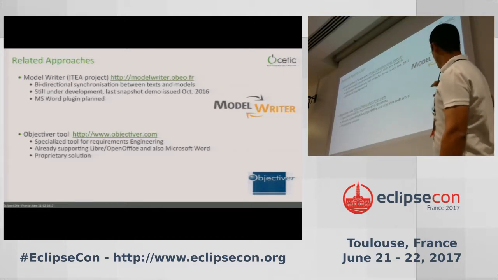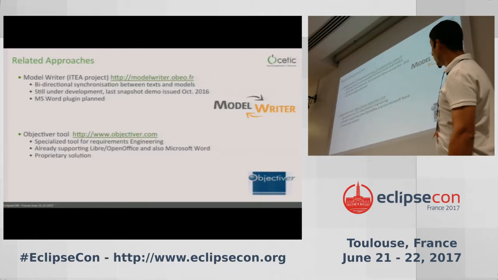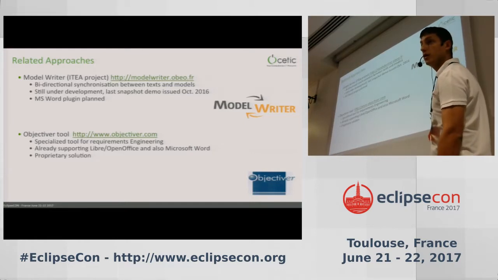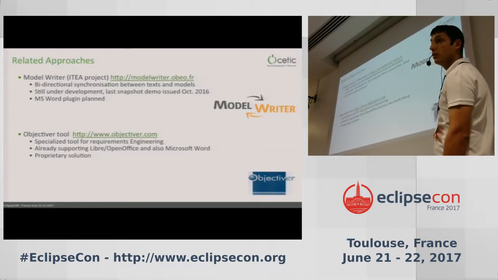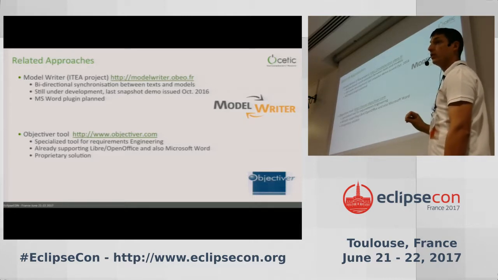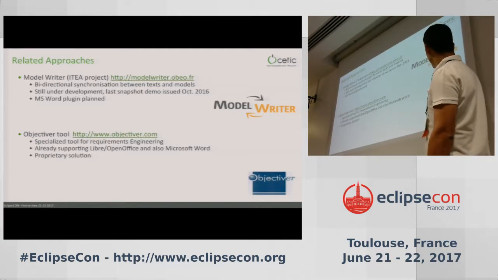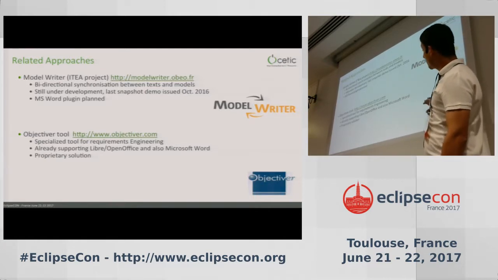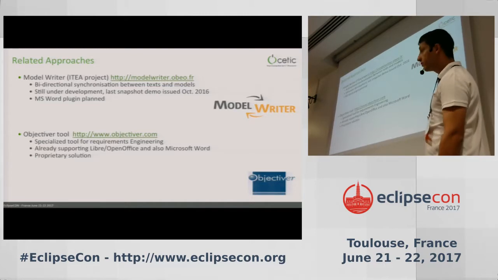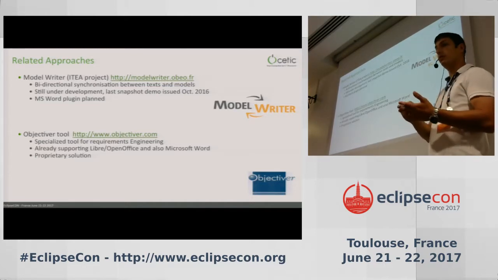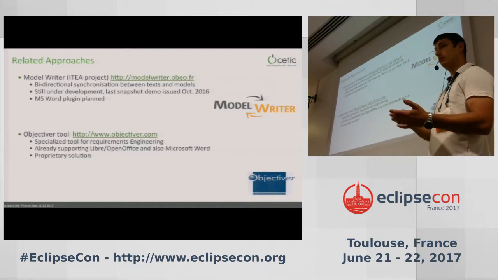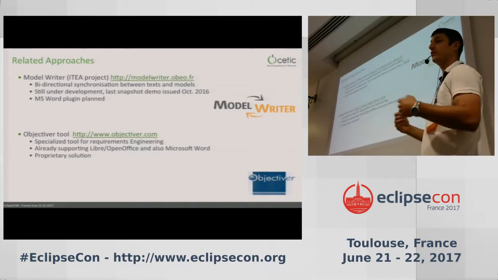The tool that I explained before is the Objectiver tool. This tool is used by Huawei people to model the requirements for the new smartphone. Specifically, it is used to specify the requirements for the new camera on the Huawei smartphone. It is a success story for the research center.